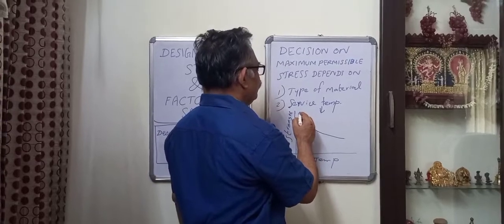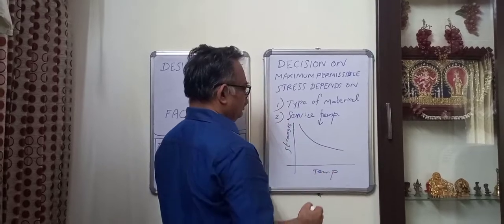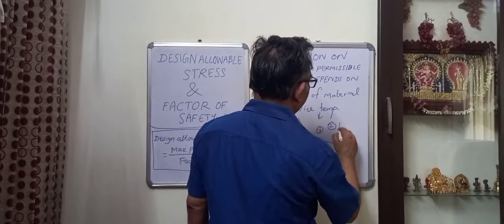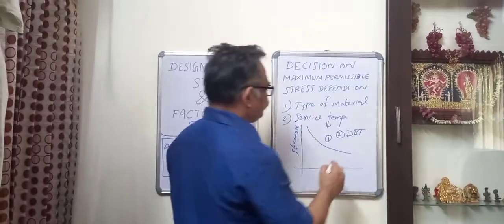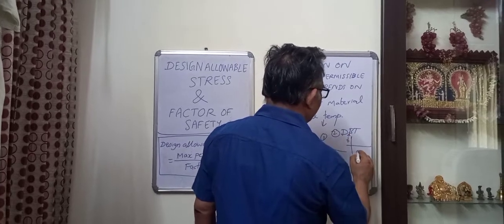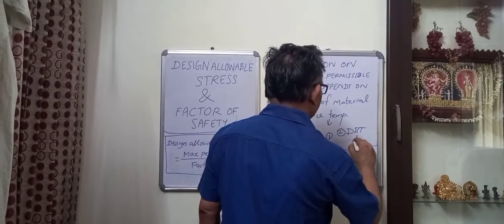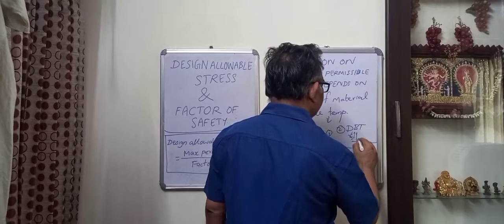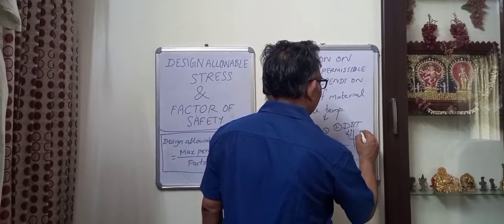So on this basis, regarding the service temperature, the tensile strength should be selected for the particular service temperature, right? And the second is DBT, ductile to brittle transition temperature, which I also explained. If this is the strength on the y-axis and this is the temperature on the x-axis in increasing scale, then DBT will be something like this.